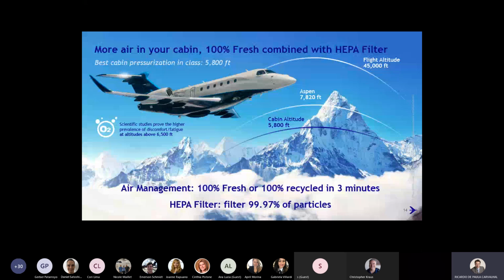The competitors in the Praetor 600 category will be offering 7,000, 8,000 feet. And what this number means, the higher it is, like when you go to Aspen, to Telluride, to Colorado, if you try to go for a short run, you probably run out of air a lot quicker than in Miami, because there is a lot less oxygen in the air. Same effect here.